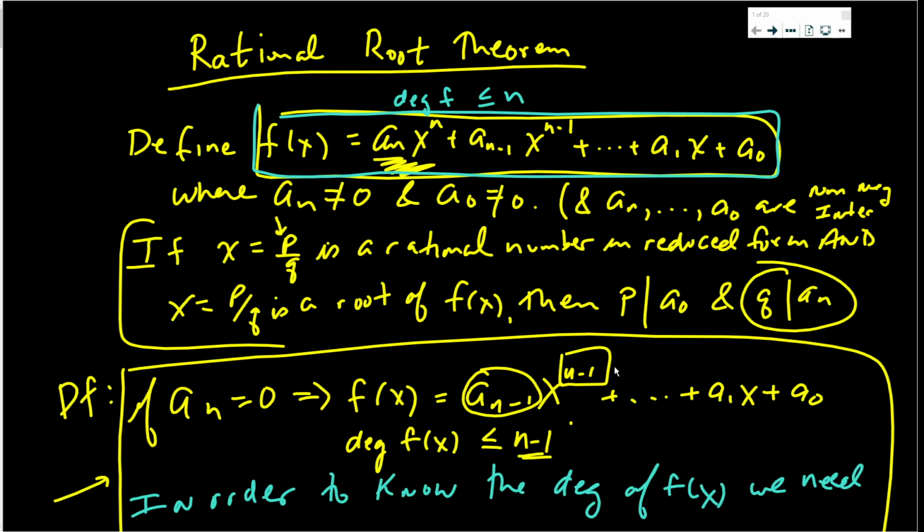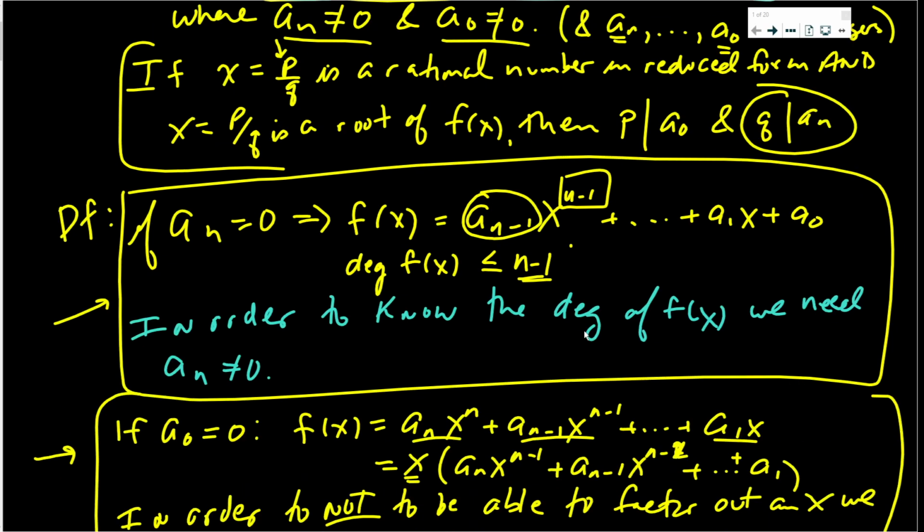You know what? I take that back. I'm thinking n can't be negative, the power can't be negative. But these are integers. But some of them have constraints. We already said that a_n and a_0 can't be 0.